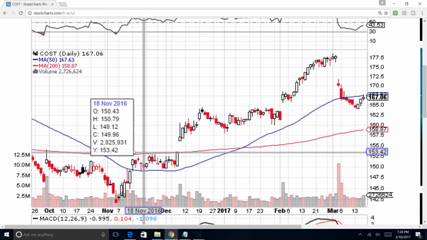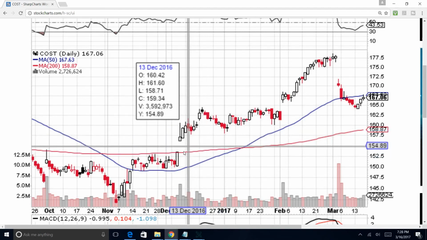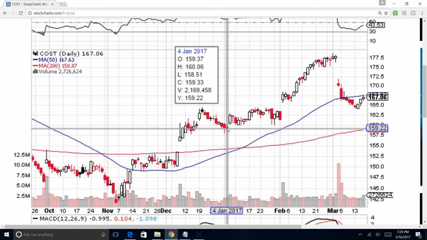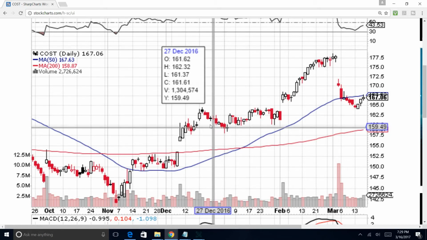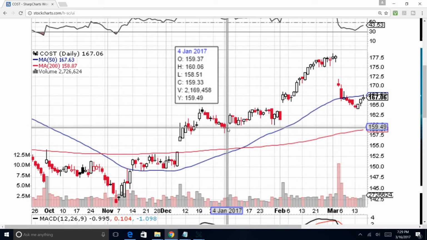Let me see if there's one here that's real evident to show you guys. Here's one. Let's look at this doji in the downtrend right here. Generally a doji in a downtrend is a reversal signal.